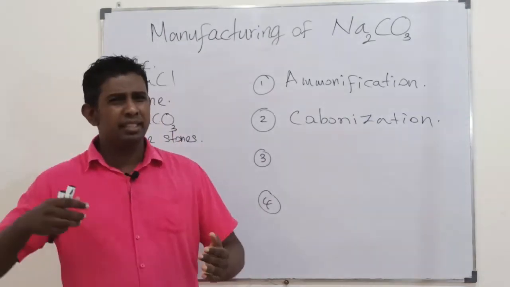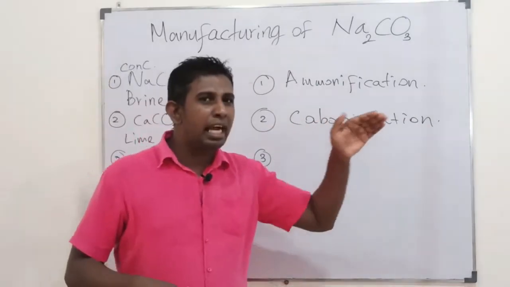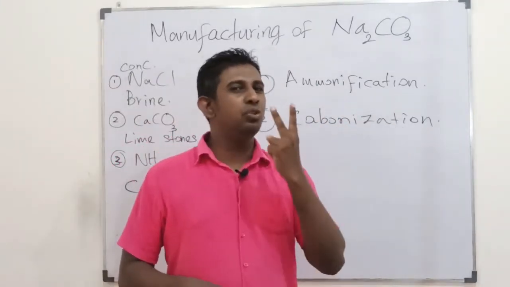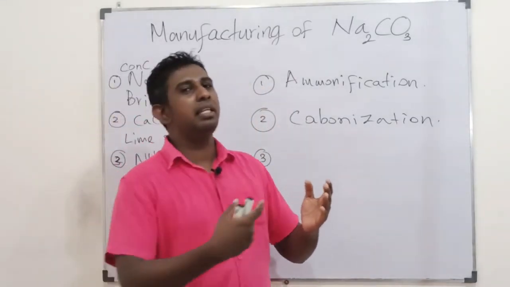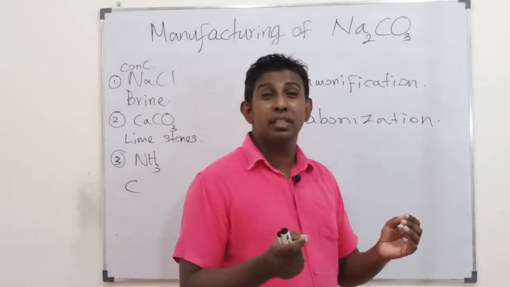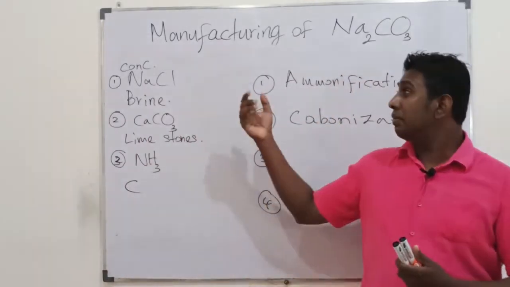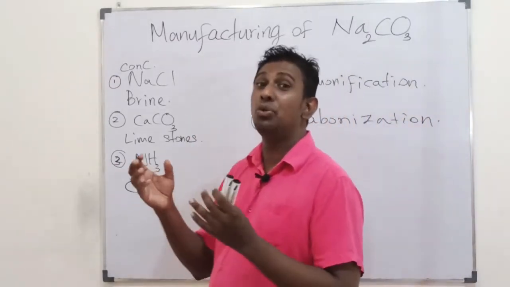Then students, secondly we pass that in the carbonization tower. If we use 2 towers, then we pass carbon dioxide gas through this solution that we have got after the first step. Then it is a basic solution you get.